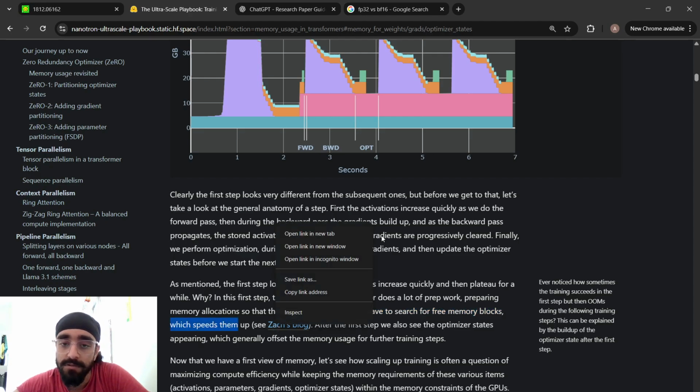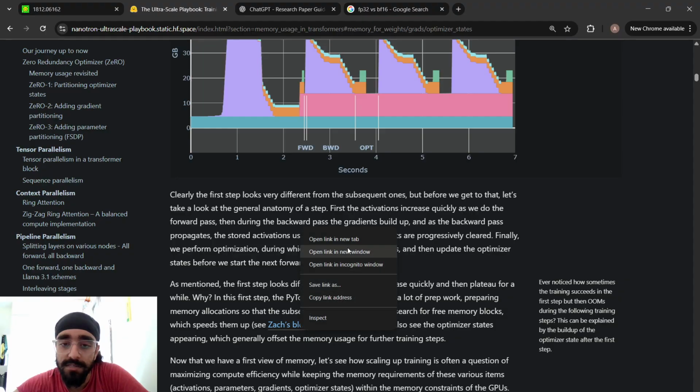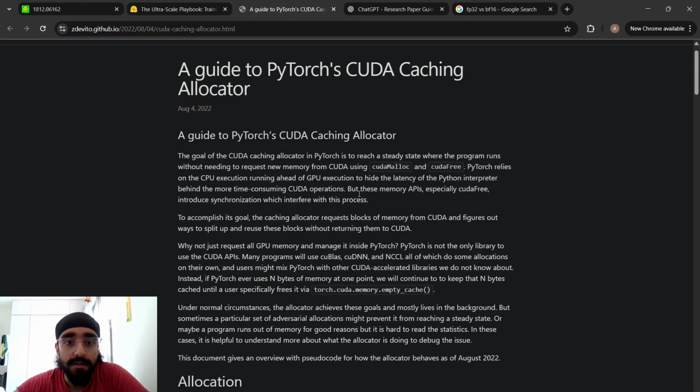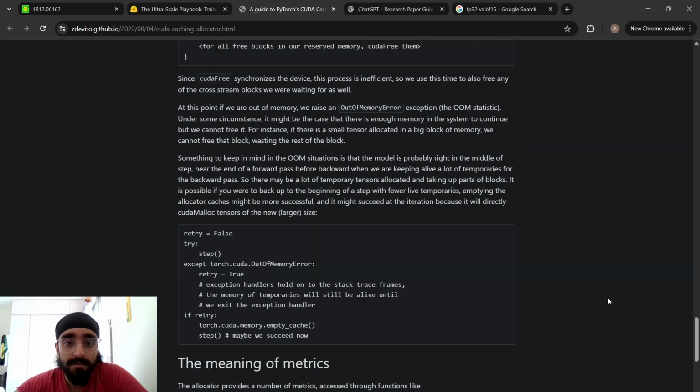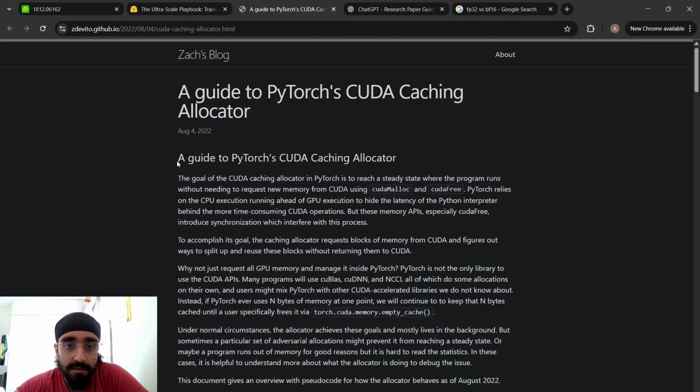Okay. Oh, interesting. Let's see Zach's blog, the guide to the PyTorch CUDA caching allocator. Steady state is when the program runs without needing to request memory.